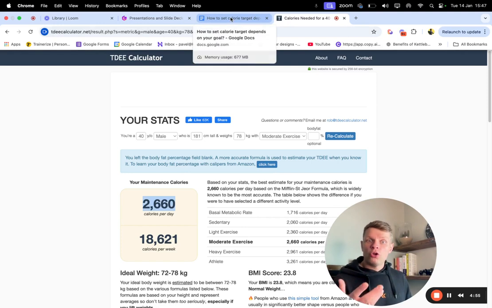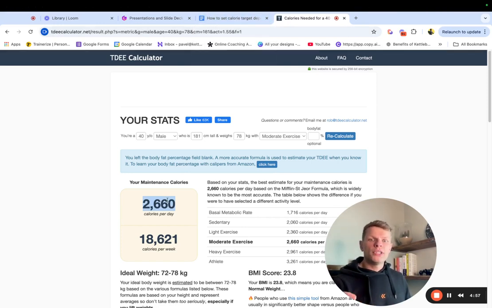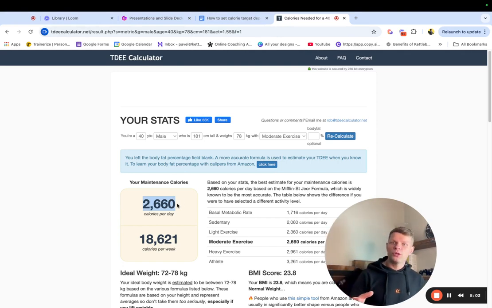If I want to lose weight, I would take about 20% of this number, and 20% will be 260 by 2, so it will be just above 500 calories. So in order to lose weight, if I take around 500 calories off, it's going to be 2,100 and a bit.